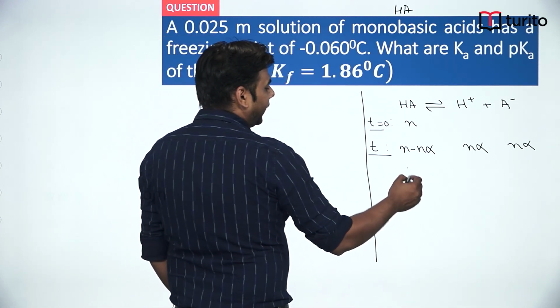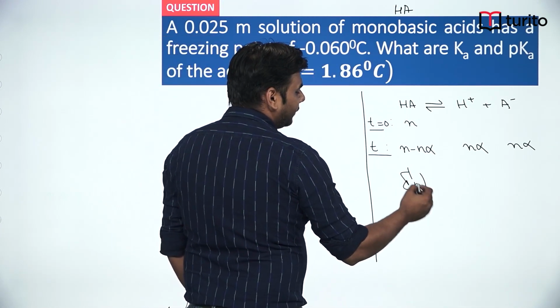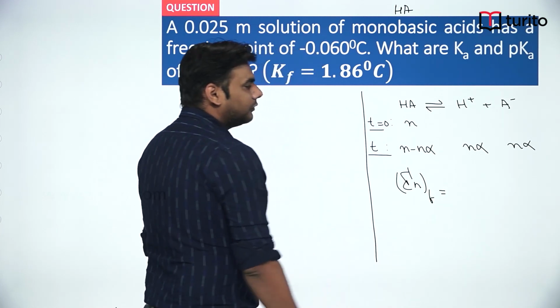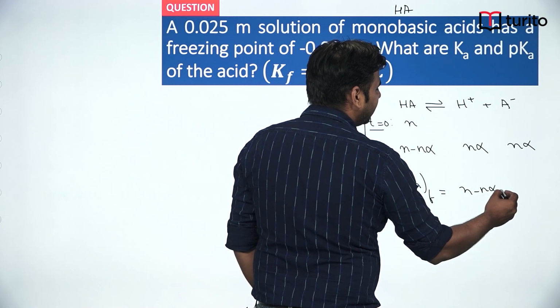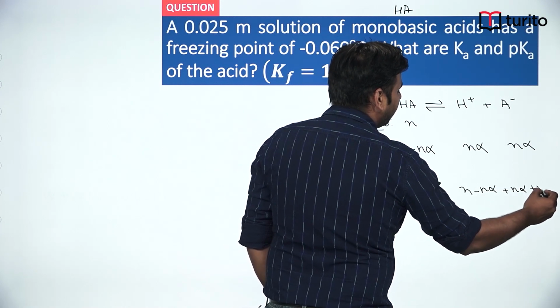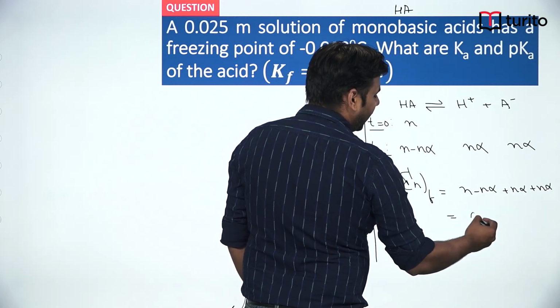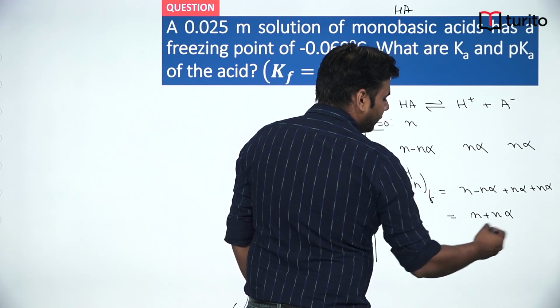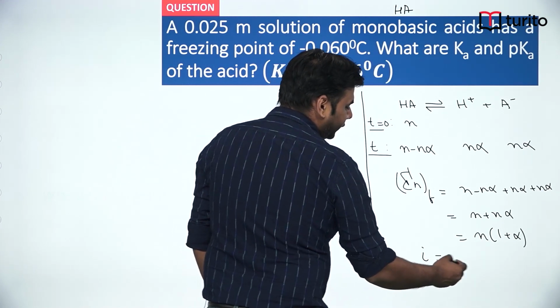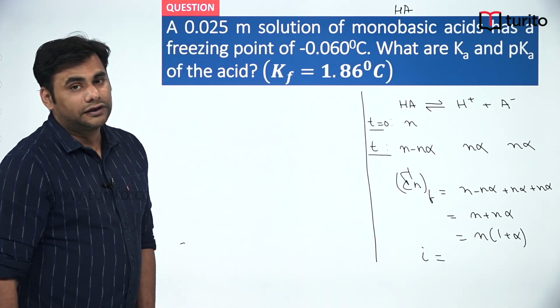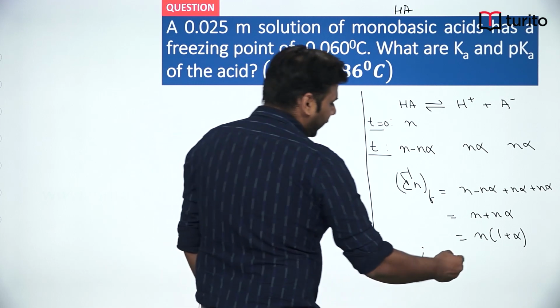So the total number of particles finally, because in the final solution HA, H plus and A negative all are present, would be n plus n alpha. I can write this as n into 1 plus alpha. So Van't Hoff factor would be total number of particles finally divided by total number of particles initially.